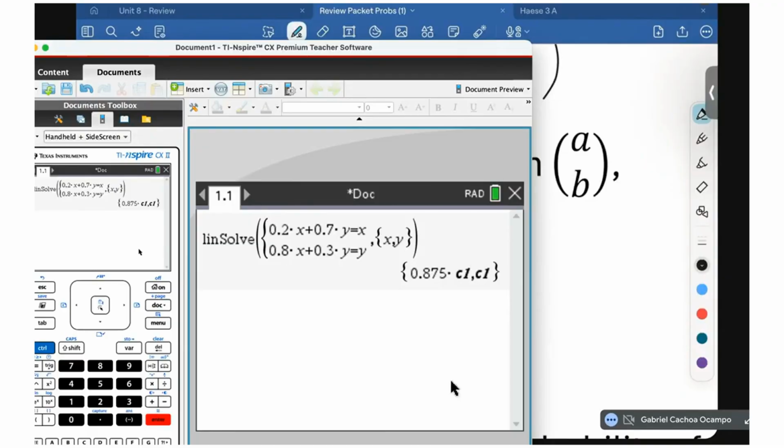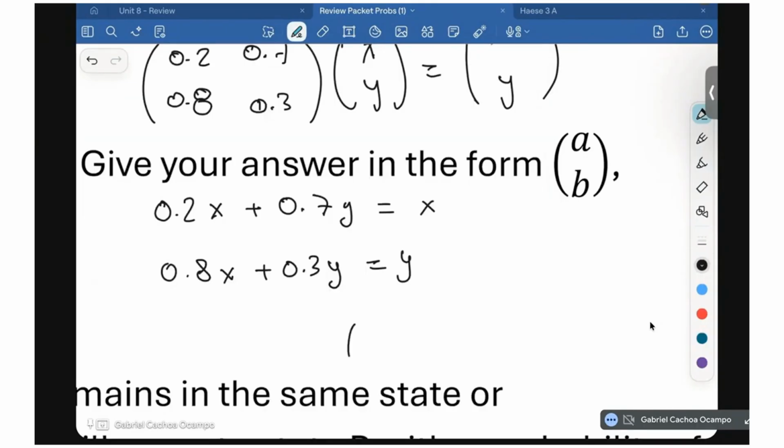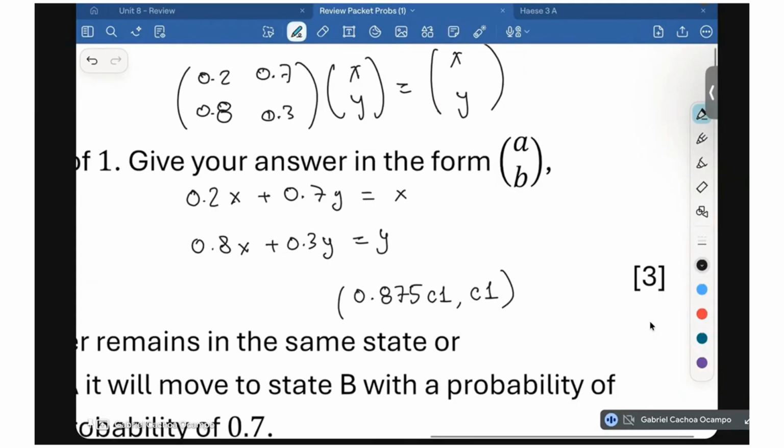Okay, so my eigenvector, according to this, is (0.875 C1, C1). Remember that whenever we solve for an eigenvector in the calculator, we have more than one answer. We have an infinite number of answers, because this C1 could be any constant.